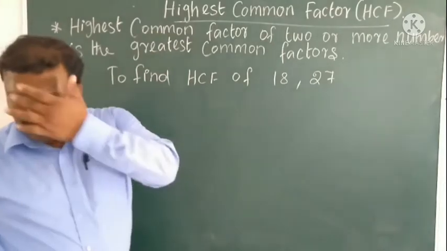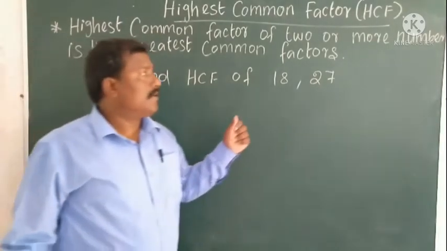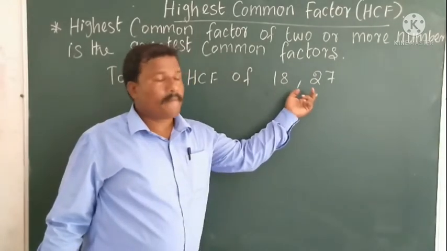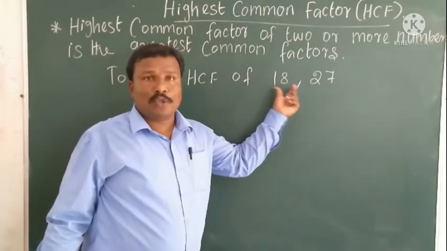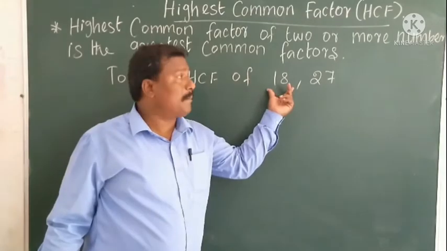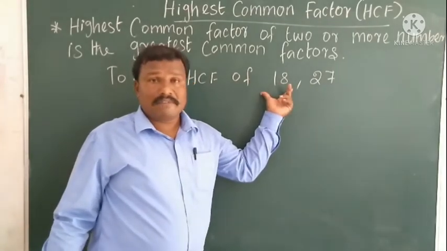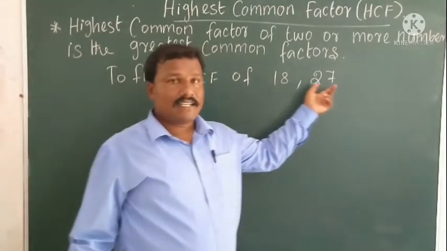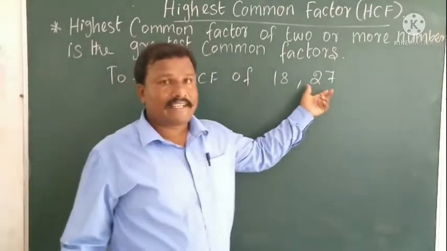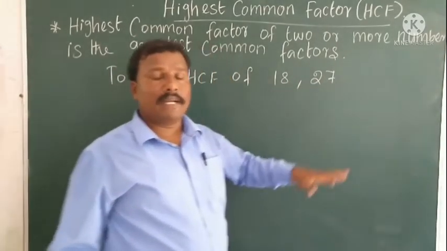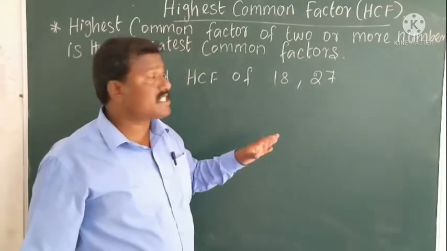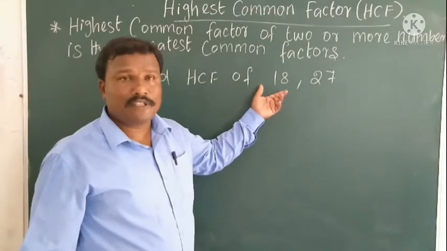I told you we have to find the HCF, the highest common factor, of these two given numbers. Here I am taking two numbers as an example. Sometimes they will ask for three numbers, like 18, 27, 36, or 16, 18, 42. They may ask two or three numbers, but now I am going to explain two numbers.